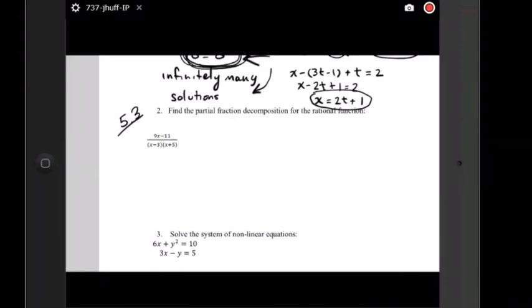The first step would be to factor the denominator, but this one is already factored. Just be aware, if the denominator is not factored, then that's where you're going to start. You're going to try to factor it into its individual factors. The reason for that is the number of factors, remember, is going to determine something. Let me ask you guys, what does it determine?